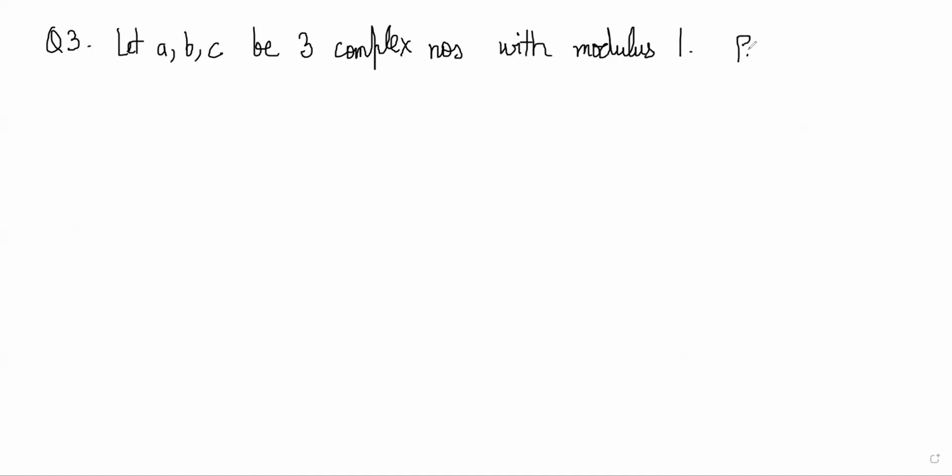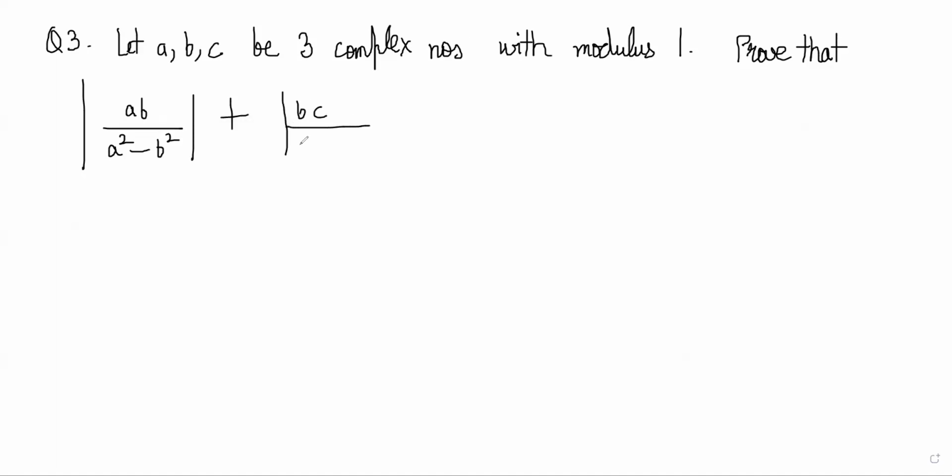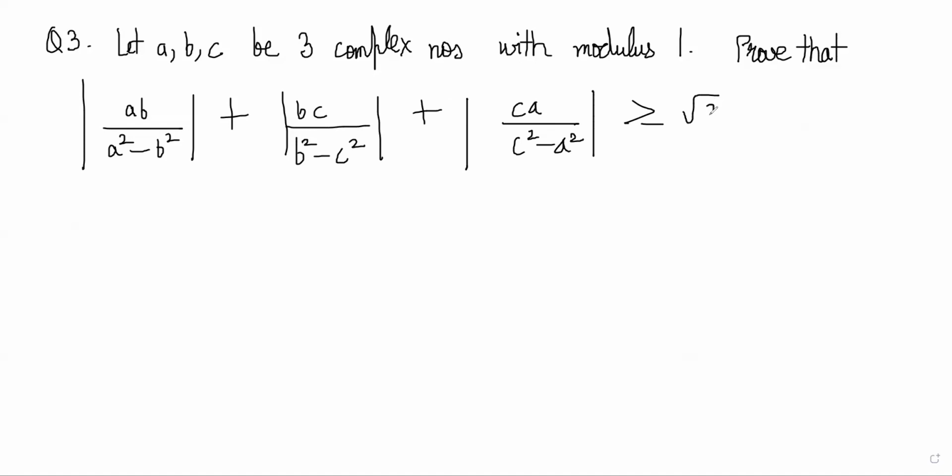Prove that mod of AB by A square minus B square plus mod of BC by B square minus C square plus mod of CA by C square minus A square is greater than equal to root 3. Okay, so A, B, C are three different complex numbers with modulus 1.